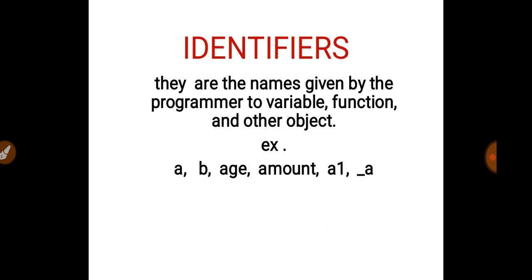We have also studied that there are some rules to declare an identifier, like you cannot start the name of an identifier with the digits, but you can start the name of an identifier with underscore. Underscore is a valid character in the identifiers. You can use it anywhere in the identifiers.